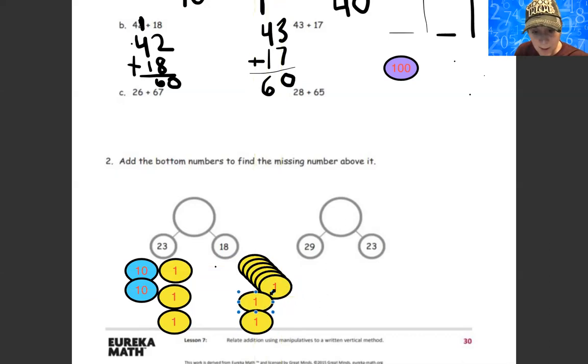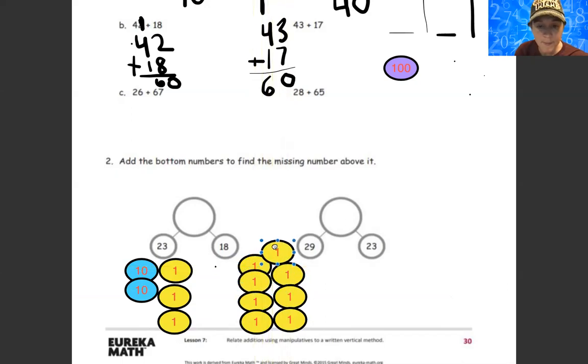Ah, Mrs. Klein, I did not mean to do that. I'm so sorry. Okay, there's our 8 ones. And we have how many tens? Yes, we have 1 ten. So let's go ahead and bring our 1 ten over.